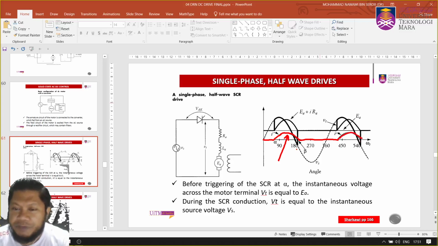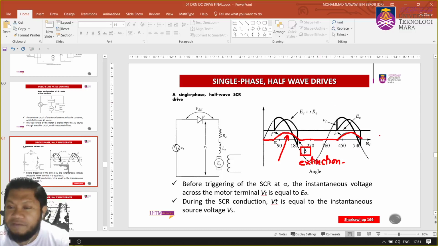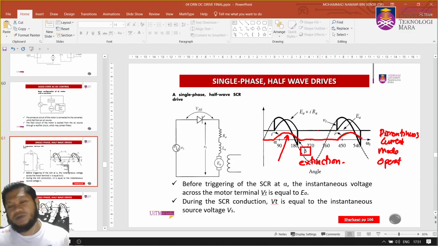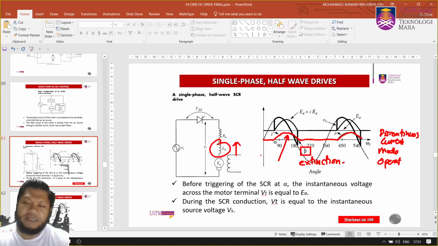The moment the current goes to 0, we have this beta, which is the extinction angle. This is the discontinuous current mode of operation. Sometimes the load could have a larger value of inductance.